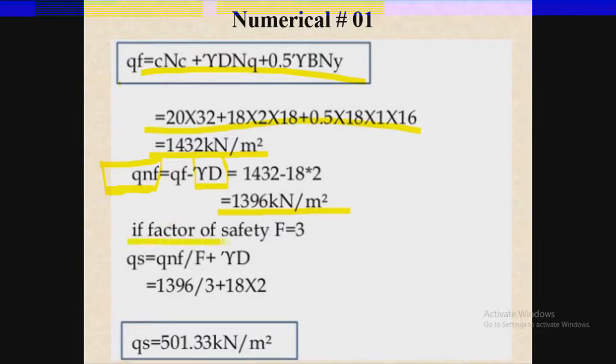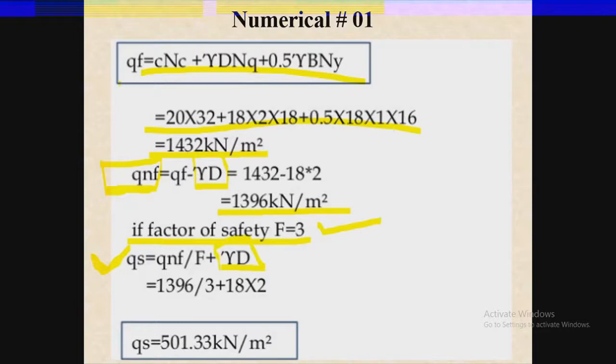Now if we take a factor of safety against shear failure of soil equal to 3, then we can find the gross safe allowable bearing capacity as qnf divided by F plus gamma D, where qnf is the net ultimate bearing capacity, the value of which is 1396, divided by the factor of safety which we have assumed as 3, and gamma D is basically the overburden pressure.